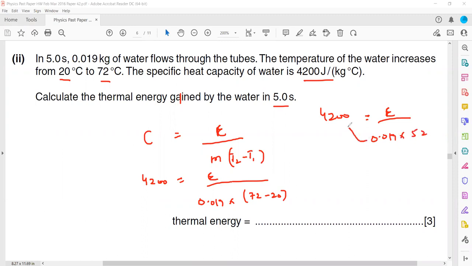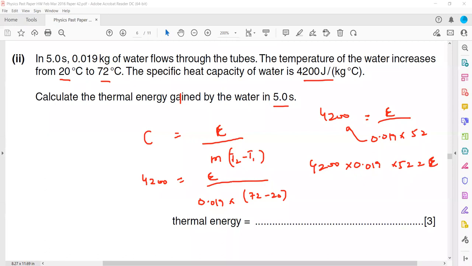This whole is divided, so on the other side it is multiplied. So 4200 multiplied by 0.019 multiplied by 52, we will get E, the energy. When we multiply all the factors, this energy comes out as 4100 joules. But again, that is the rounded off answer.